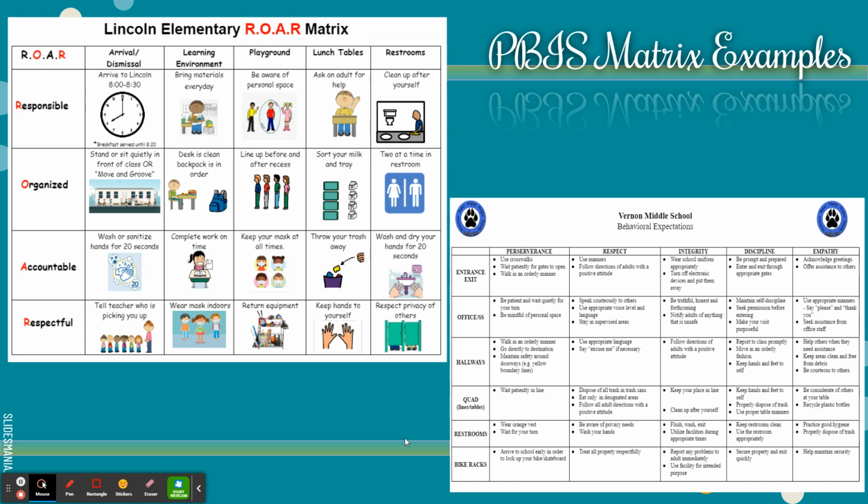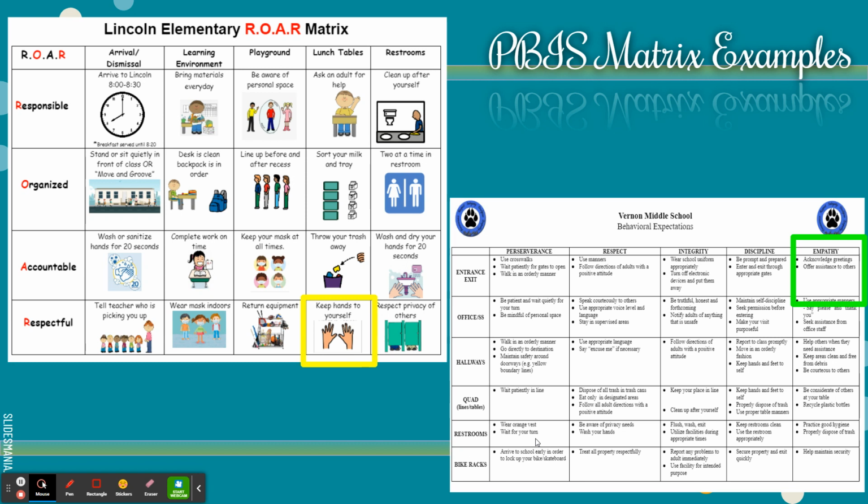For example, the cafeteria, playground, hallways, restrooms, etc. If we look at the example on the left, we can see that to show that you are a respectful student at the lunch benches, you would keep your hands to yourself. Using the example from one of our middle schools on the right, a student shows empathy when they are entering or exiting the school by greeting others in a positive way, and they offer assistance to others when needed.